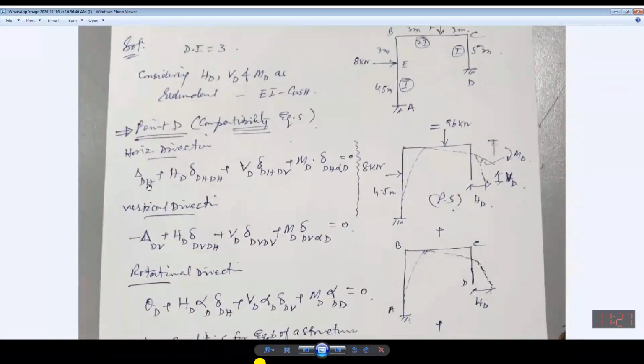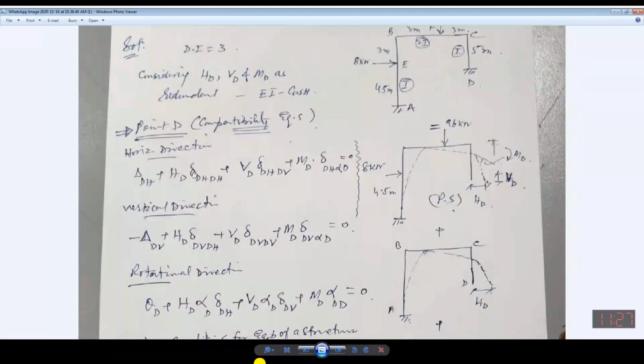This is deflection at point D in the horizontal direction due to applied loading. Okay, due to applied loading. Now this is the flexibility, and flexibility is the deflection, or deformation, or displacement due to unit force. Now, what is this?